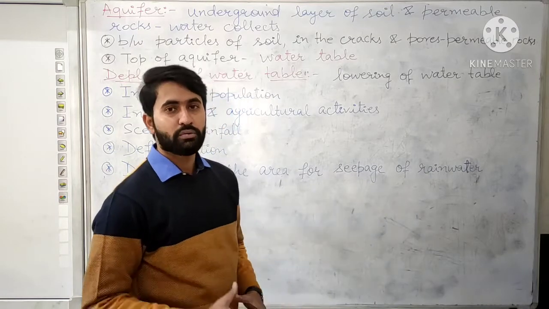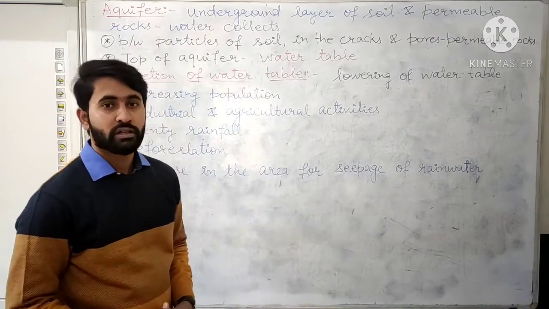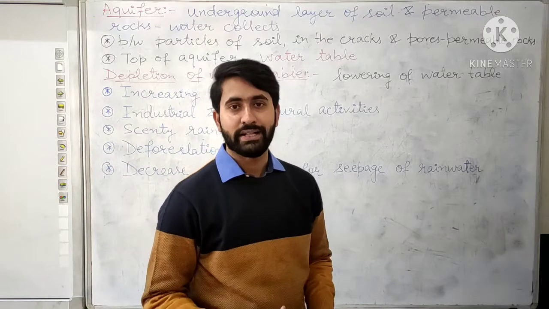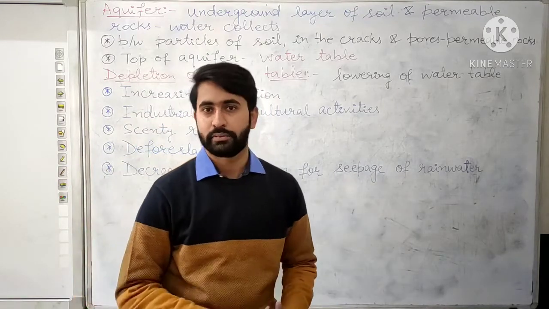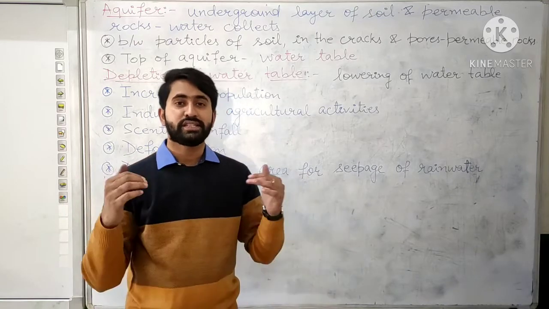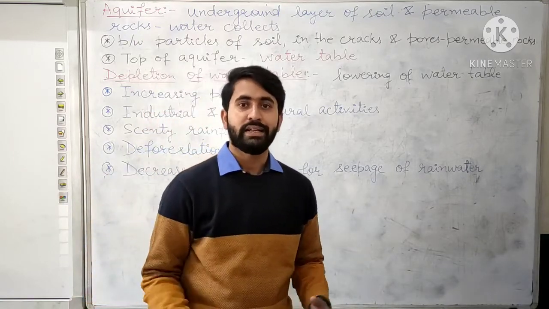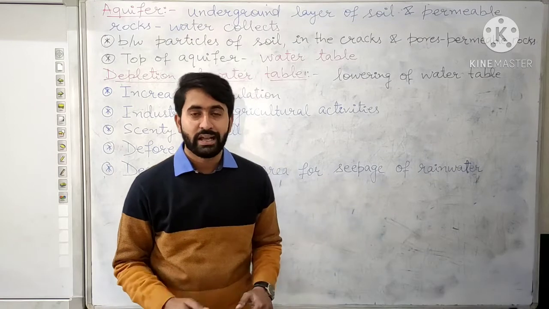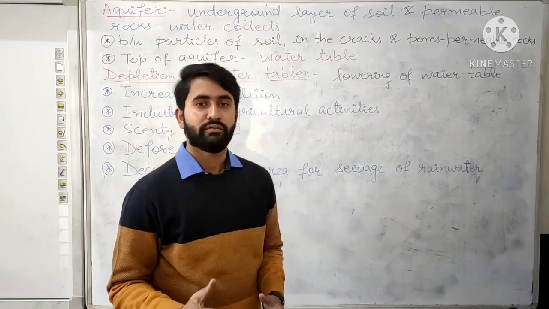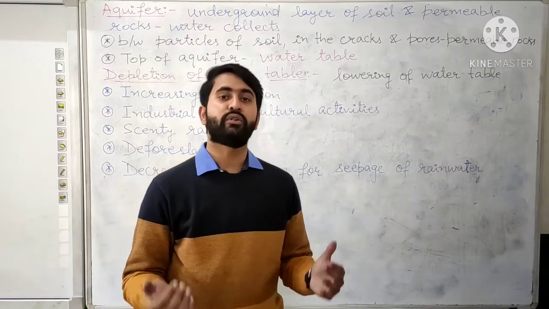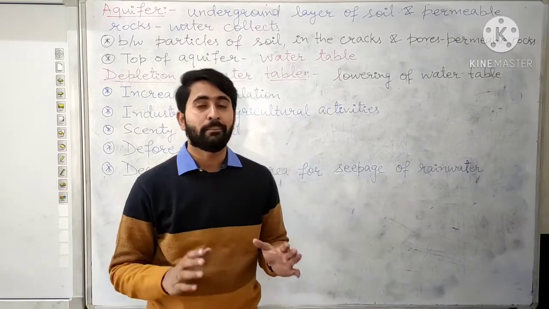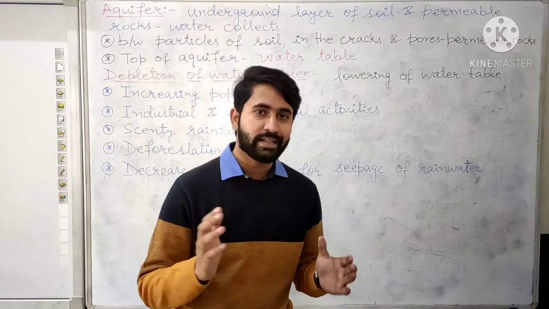We can pump out the water from the aquifer with the help of wells, tube wells, or hand pumps. The rainwater which seeps into the ground reaches the aquifer and gets stored there. When we draw or take out the groundwater for our use, then the amount of groundwater decreases.